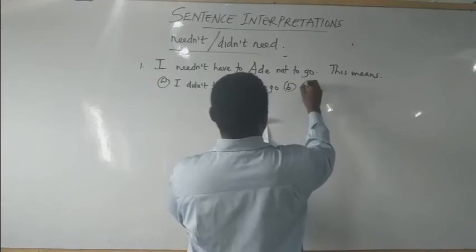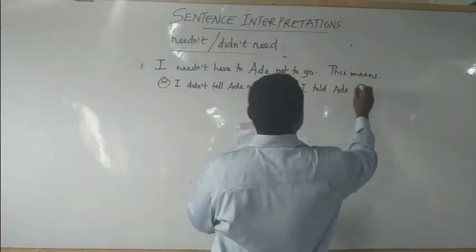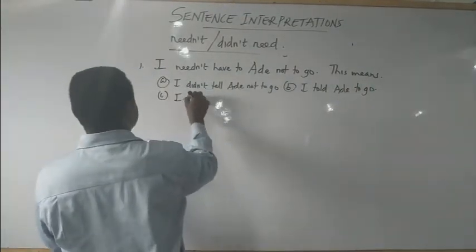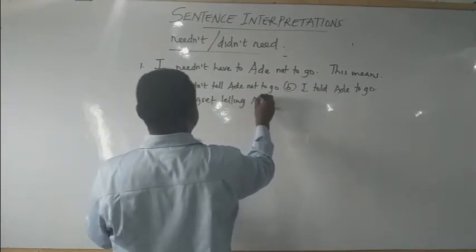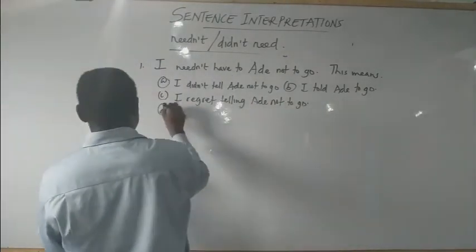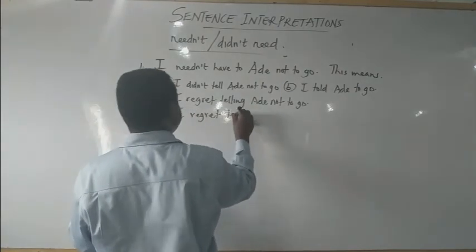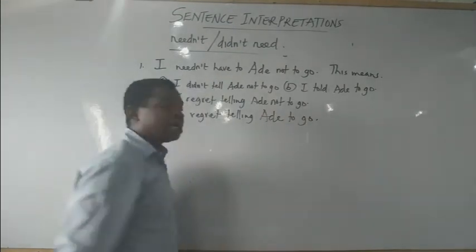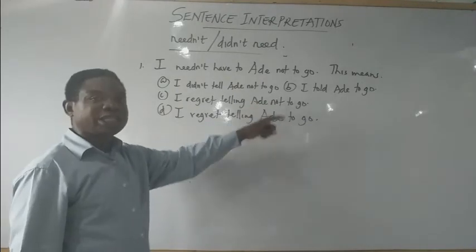Option B, I told Ade to go. Option C, I regret telling Ade not to go. Then option D is, I regret telling Ade to go. Here, you have to be very careful because the structure determines the meaning.